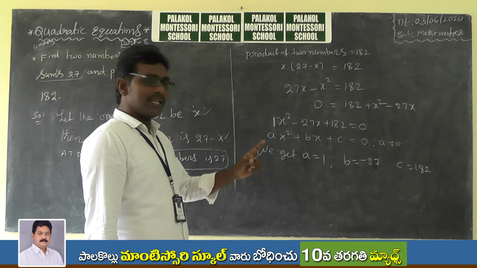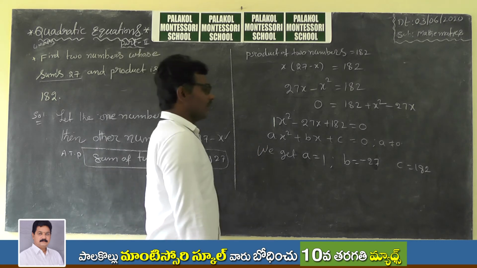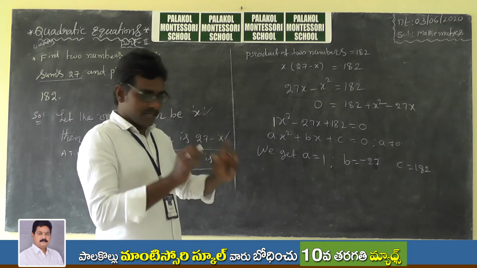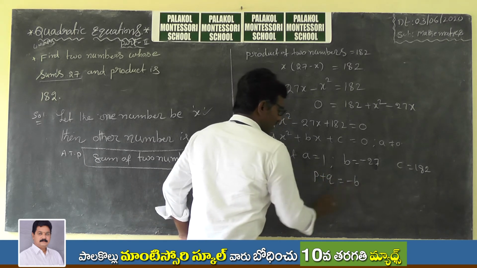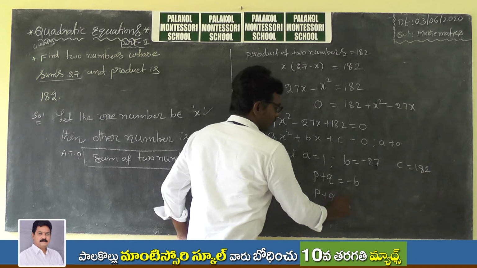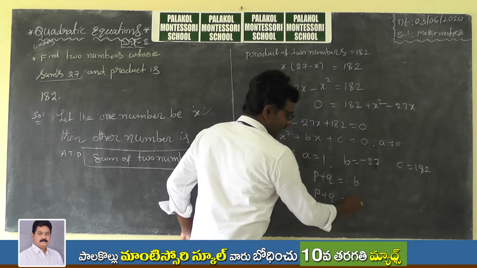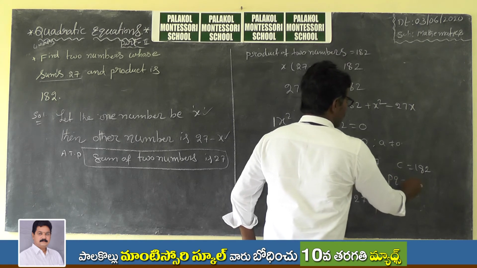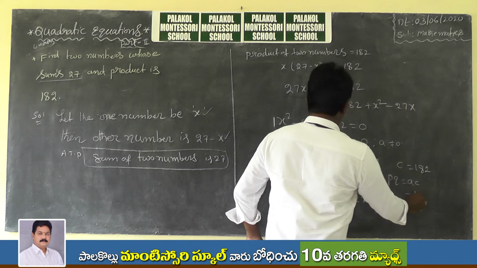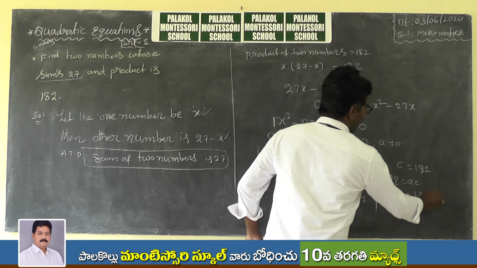Okay guys. Now you take the splitting method. That's p plus q is equal to b, here minus 27. p into q is equal to a into c, a value 1, c value 182.